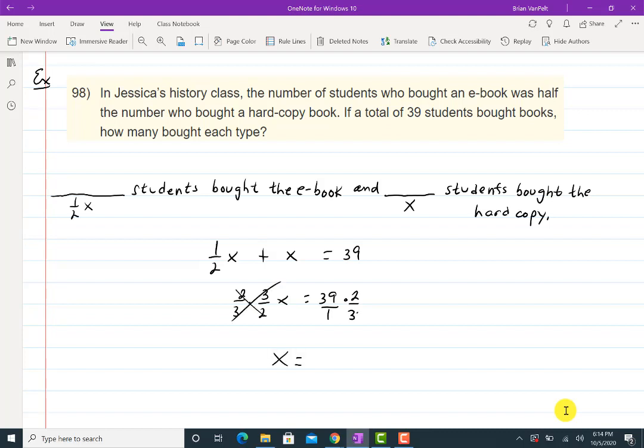On the right, 3 goes into 39 13 times, and I get x equals 26. The beauty of this now is that I know that in this blank goes a 26, and in this blank, half of 26 is 13. So there you go.